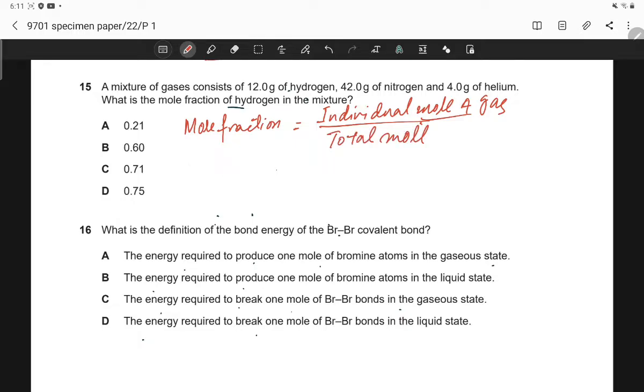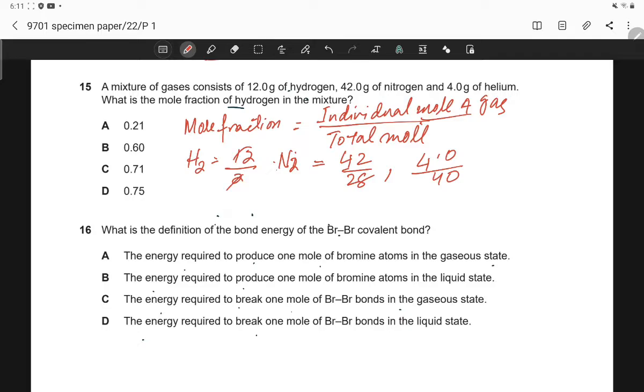So first find out moles of hydrogen. Hydrogen is 12 divided by 2. Nitrogen is equal to 42 divided by 28, and helium 4 divided by 4.